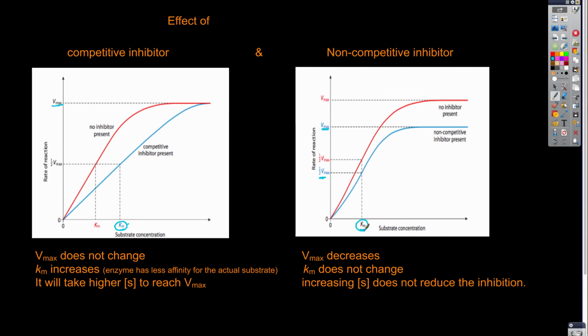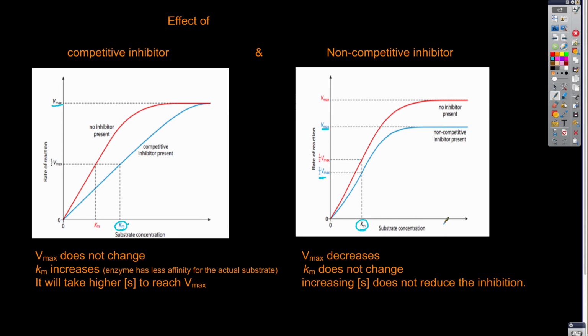So there is still the same attraction between your enzyme and substrate. That doesn't change. And whether you increase the substrate concentration or not, you cannot reach your maximum Vmax anymore. So increasing substrate does not reduce the effect of this type of inhibitor.